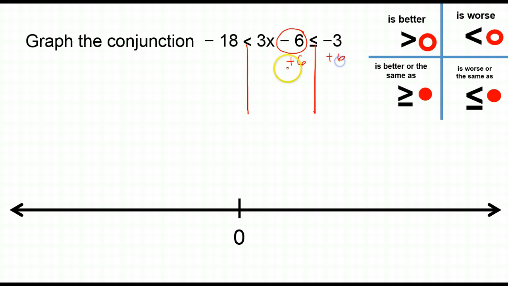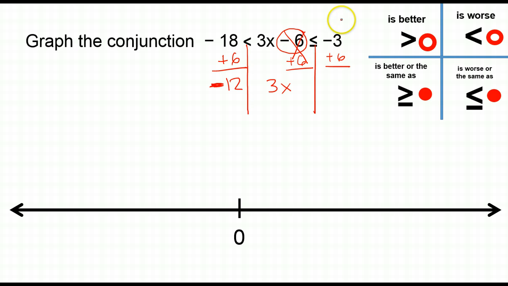So whatever I do to the middle, I have to do to the other sides of this inequality. Okay. So negative 18 plus 6. I'm not going to draw out all those negatives, but my answer is going to be negative 12. I'm left with 3x because 6 take away 6 is just going to cancel out.